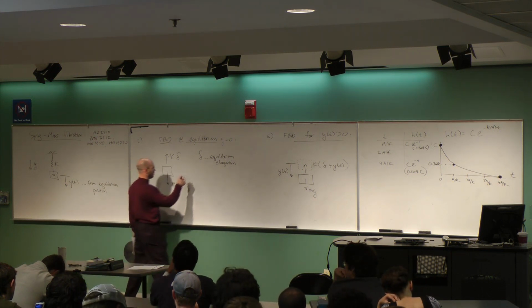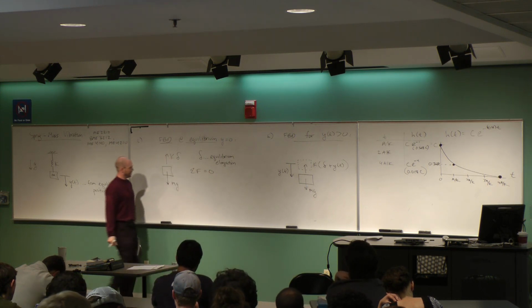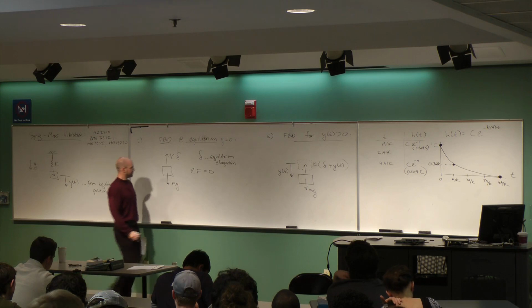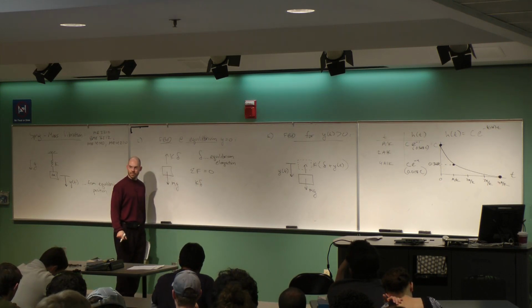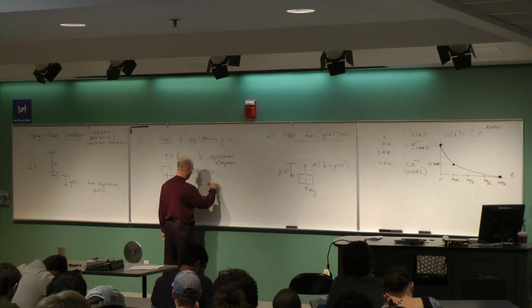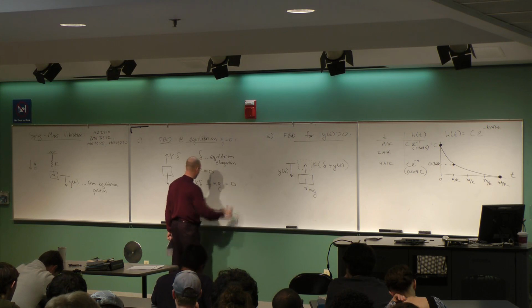Over here, equilibrium, the sum of the forces has to give me 0. So take a look at the forces. k delta is a force up, minus a force down, mg, has to equal the total.